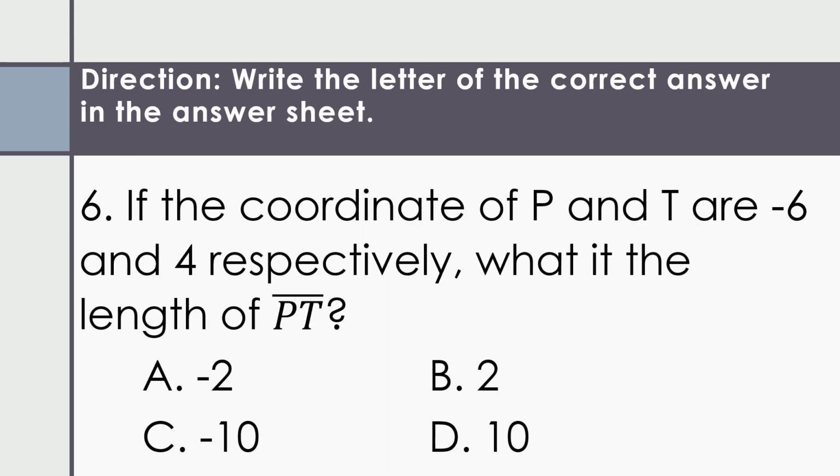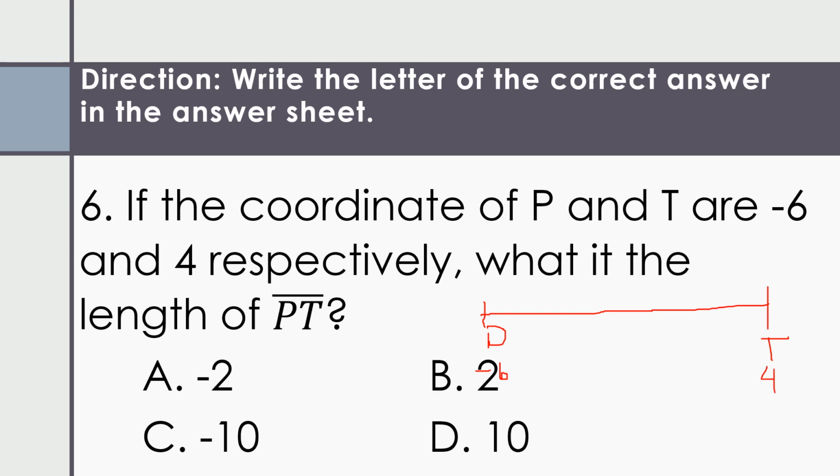Number six. If the coordinates of points P and T are -6 and 4 respectively, what is the length of PT? If you are going to illustrate this one, PT is like this. P is -6 while T is 4.